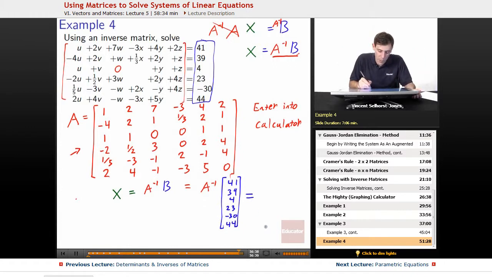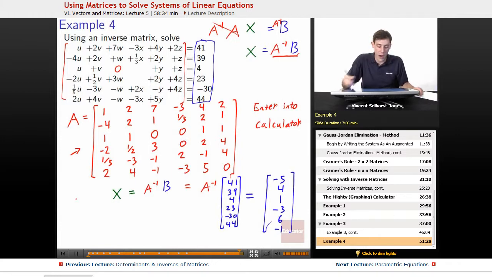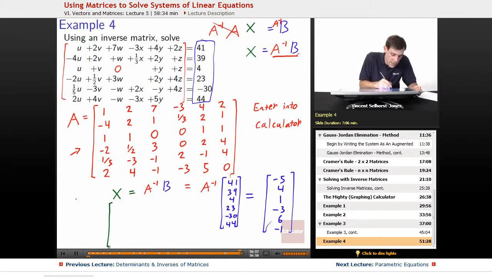And what does this wind up coming out to be? This comes out to be the deliciously simple negative 5, 4, 1, negative 3, 6, negative 1. So we just figured out X equals our variables all at once. Well, X is equal to, what were all of our variables? It was u, and then we put in v, and then we put in w, and then we put in x, y, z.